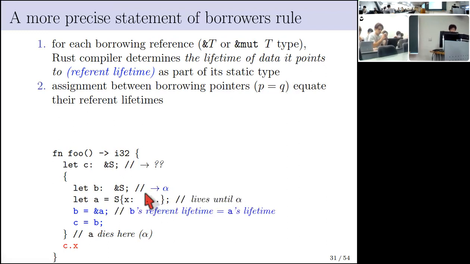More specifically, like before, you have two assignments, B = &A and C = B. The way the Rust compiler reasons about this program is that, looking at this assignment, it assumes that B's reference lifetime is A's lifetime.